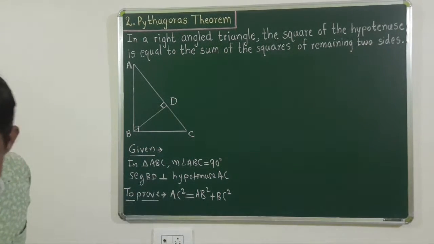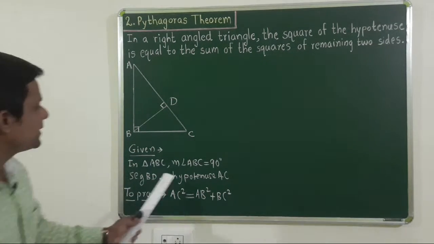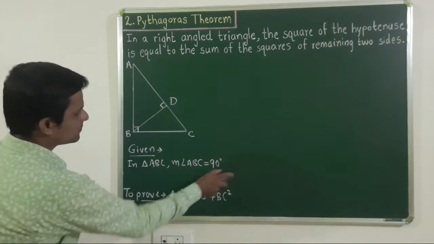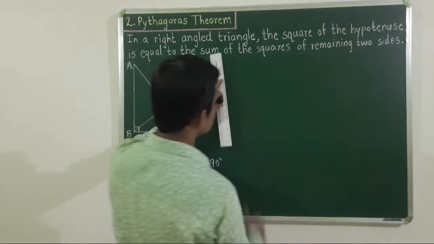I am going to write this, segment BD perpendicular to hypotenuse AC, in construction, not in the given. I'm writing it in construction.